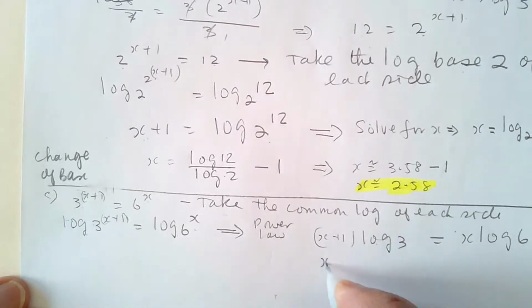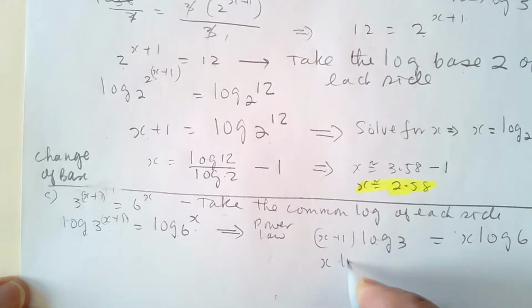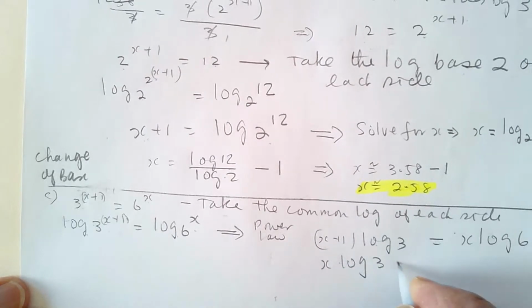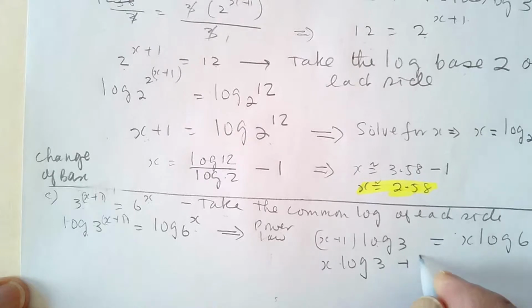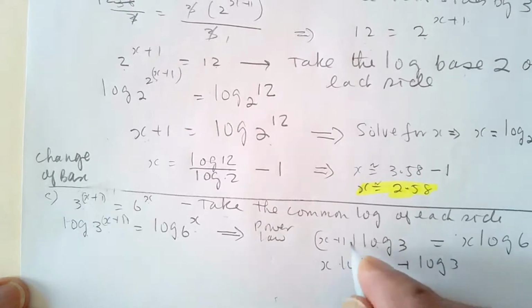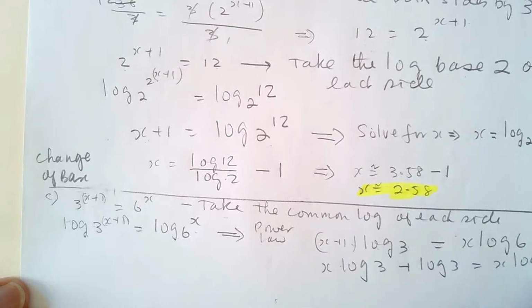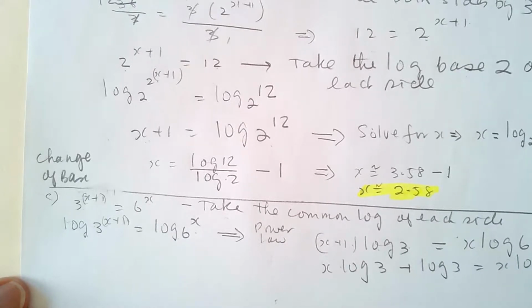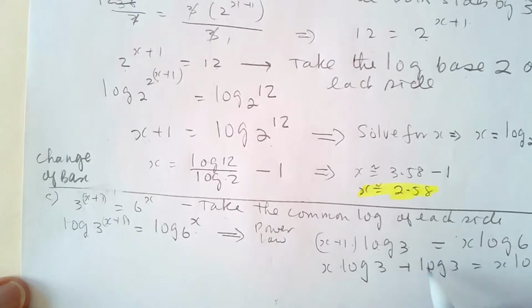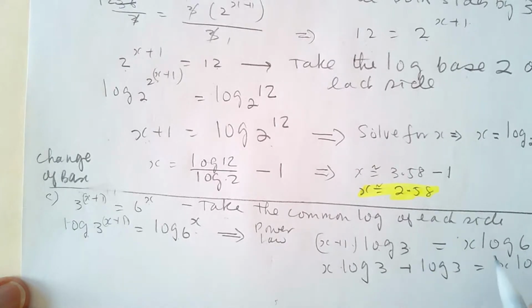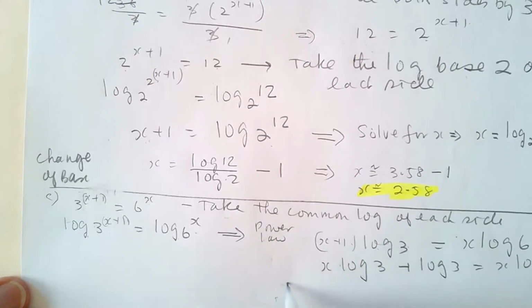We have x log 3 plus log 3, 1 times, is equal to x log 6. This is applying the distributive law here. Next, we collect like terms.